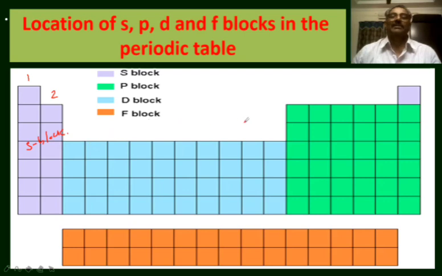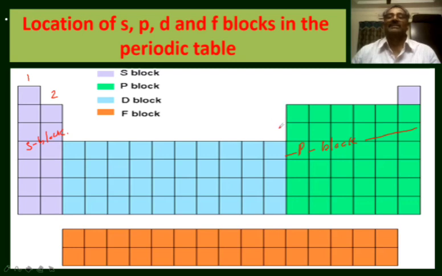Next, p block elements lie at the right side of the periodic table. The last six columns in the long form of the periodic table are the p block elements. Just like the s block elements, p block elements are the elements in which the differentiating electron enters the p orbital of the valence shell.